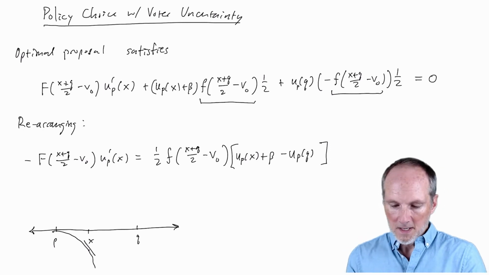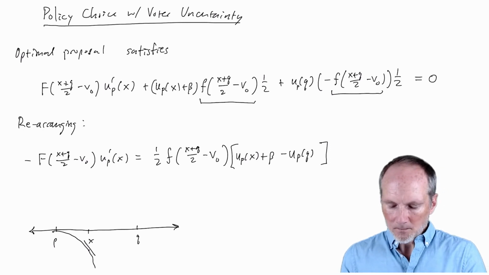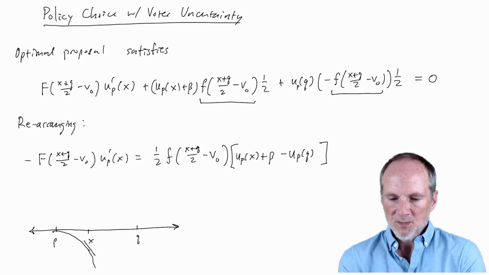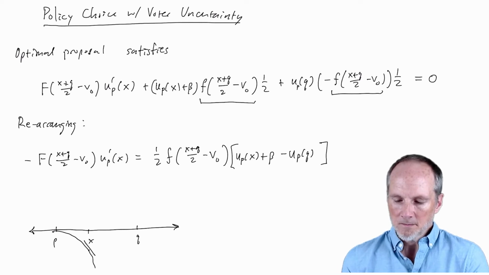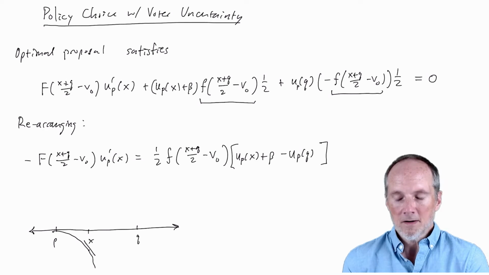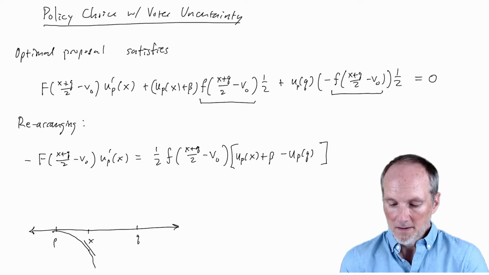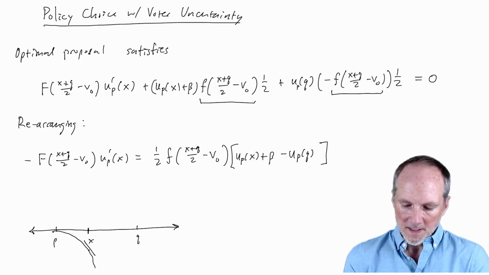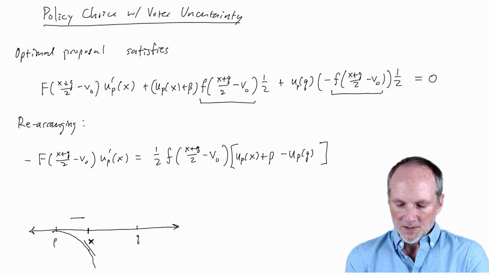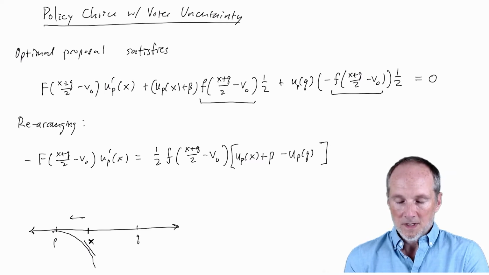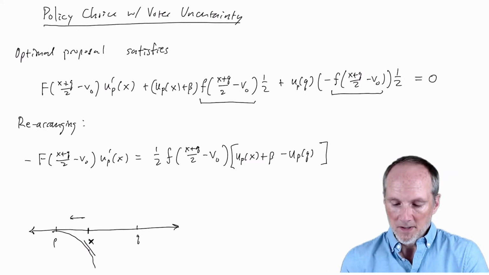Okay, so why have I done this? Well, in this problem, as in a lot of choices that we face, at the root of the problem is a trade-off for the politician. Let's think about this optimal policy. What if the politician chose a policy closer to their ideal point?